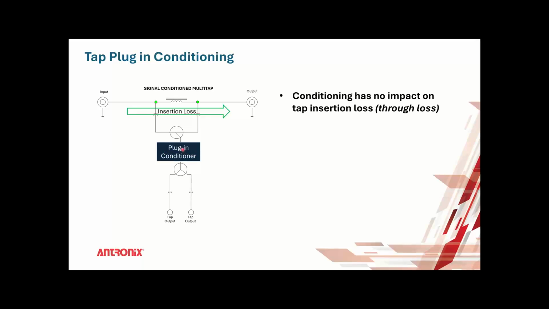Taps are typically shipped with a jumper pre-installed. So it's as if no conditioning is there, but you can remove the jumper and purchase different types of conditioning filters to put in here depending on your scenario, which we'll go into in a few slides.